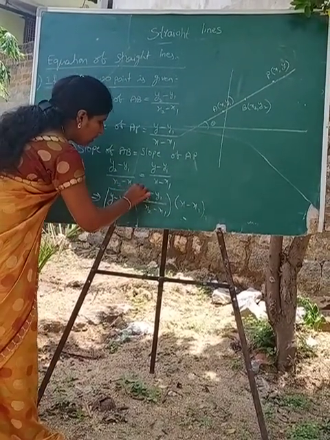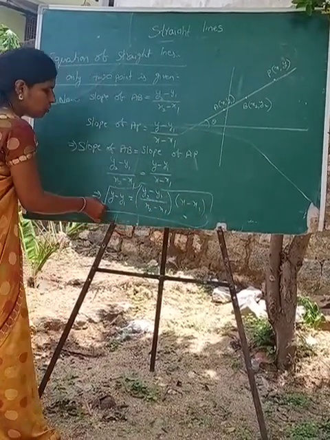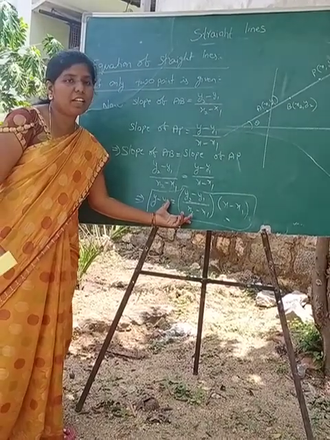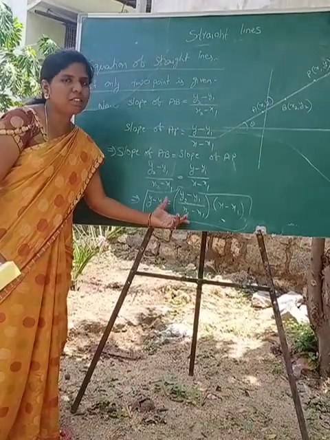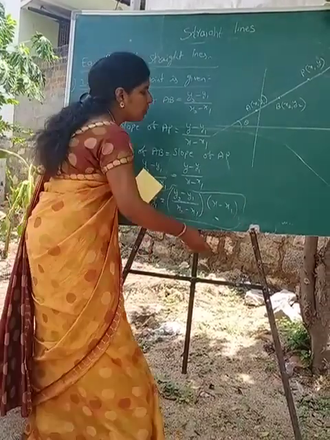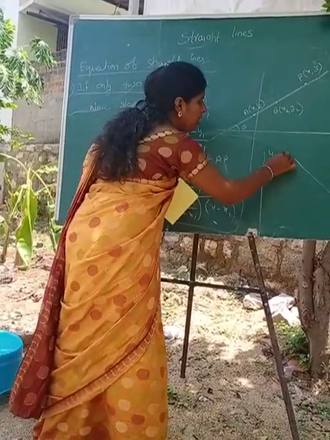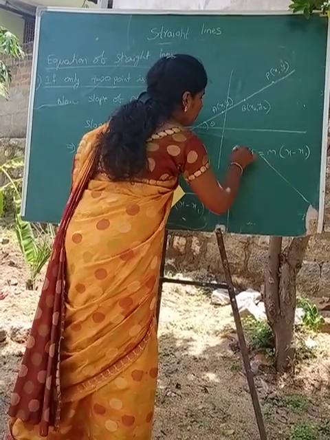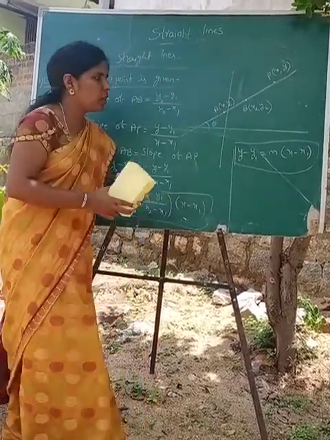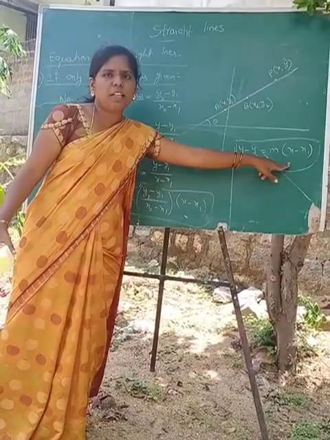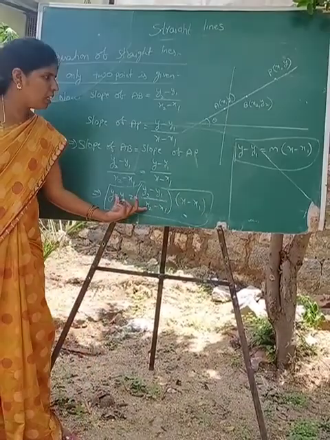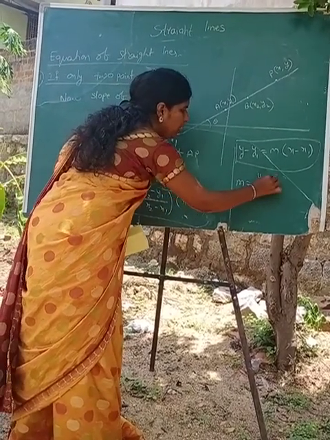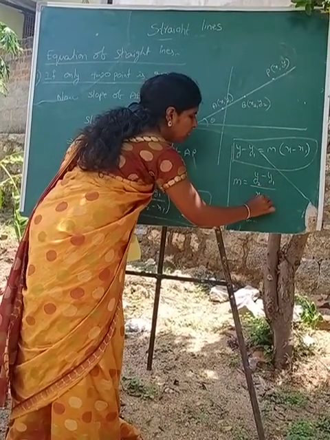This is the other formula to find the equation of a straight line when 2 points are given. By seeing this formula, we get an idea that it can be related to the first formula. What is the first formula? When one point is given, y minus y1 equal to m into x minus x1, isn't it? Compare these two formulas. We get m equal to y2 minus y1 by x2 minus x1.